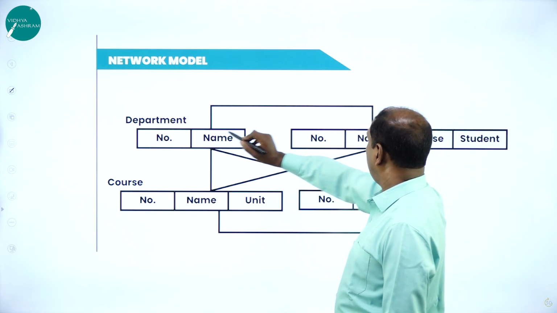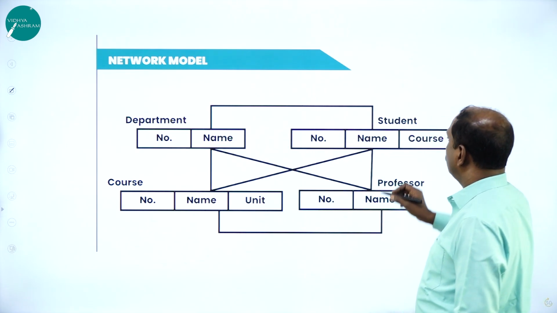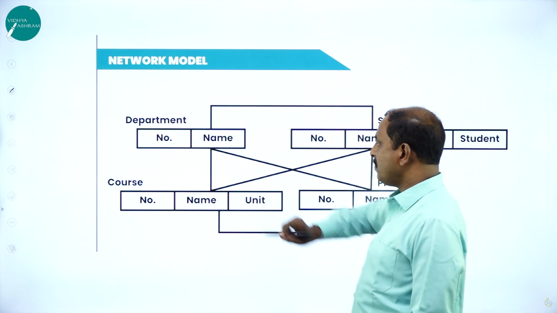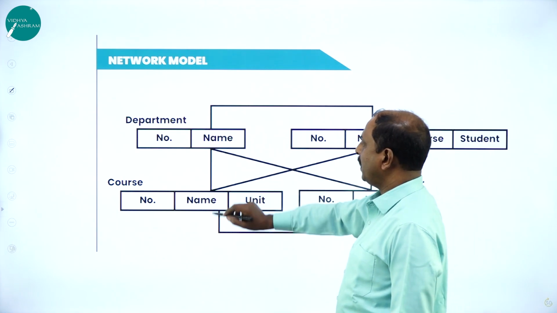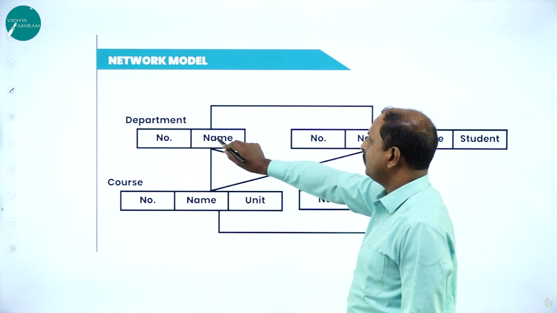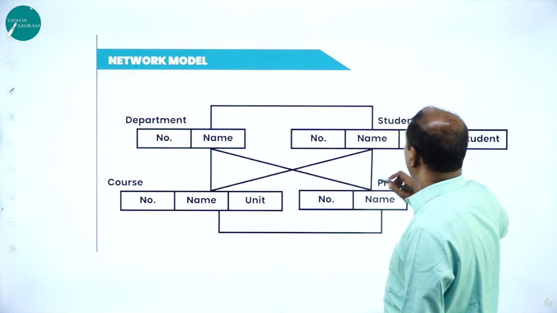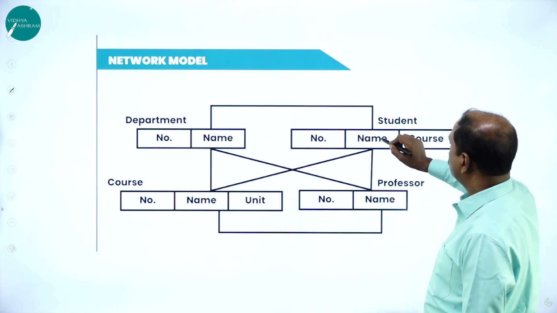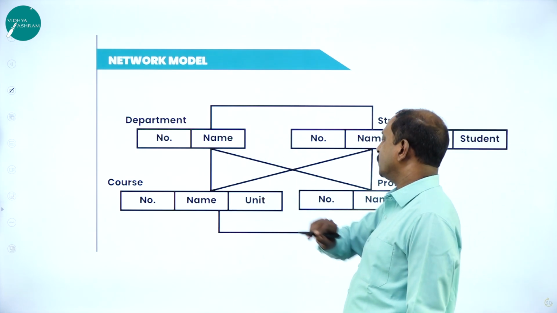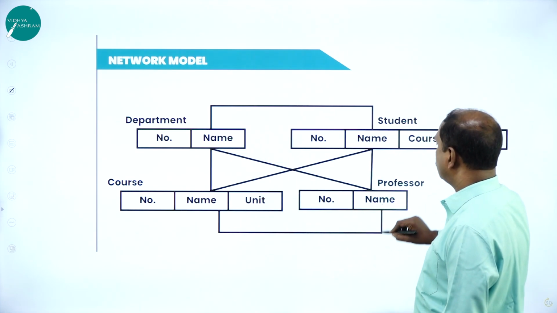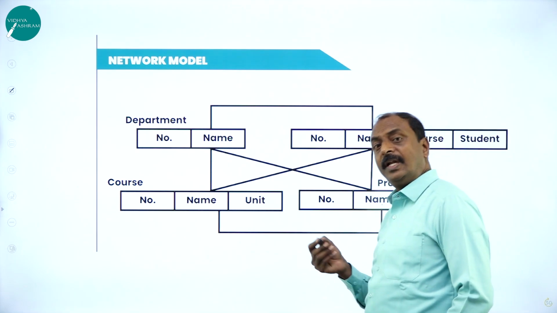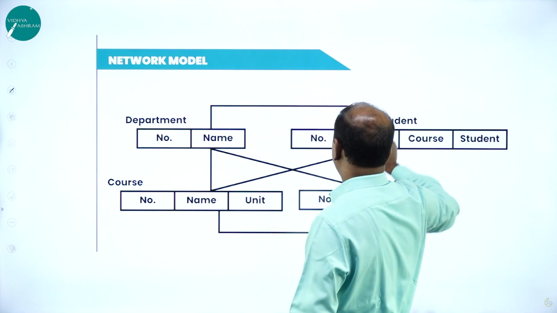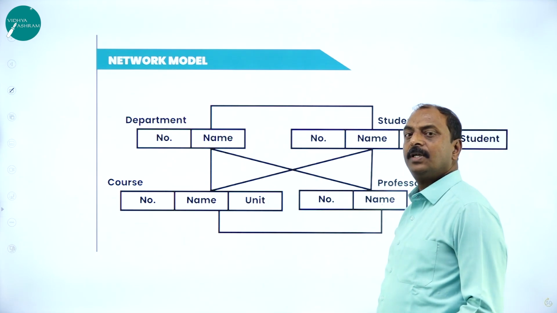The department name as well as the student name: this student belongs to this department, and this course is for the same department, and this professor is going to handle the students of this particular course. That is how we understand this, and we link the records through links. These are called links, and this is nothing but the network model.